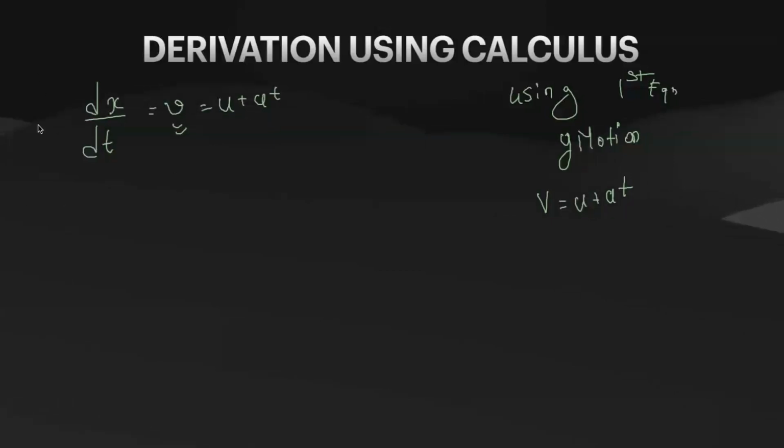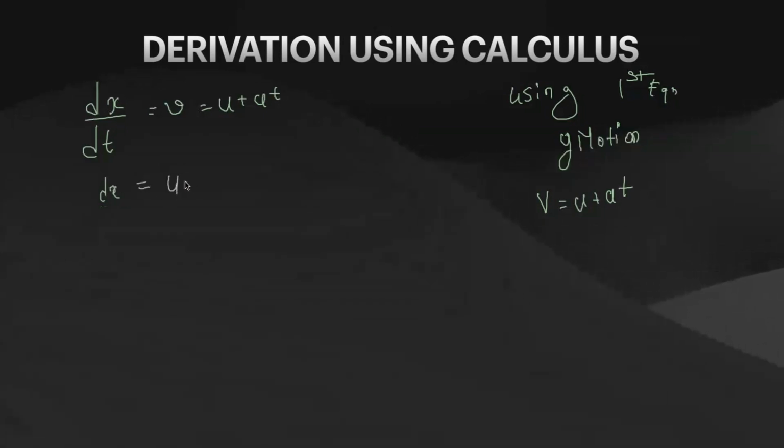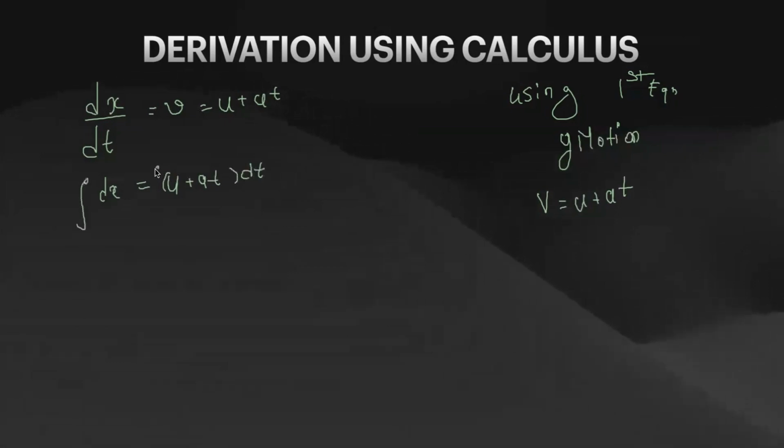Now I will take dt to that side. So dx is equal to u plus at dt. So what I will do, I will integrate both sides.